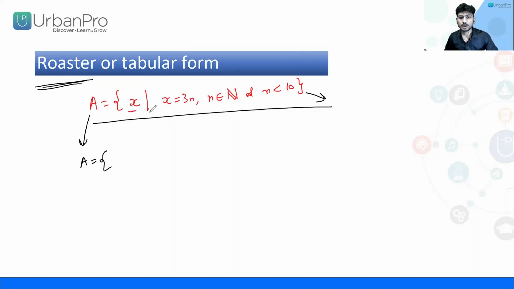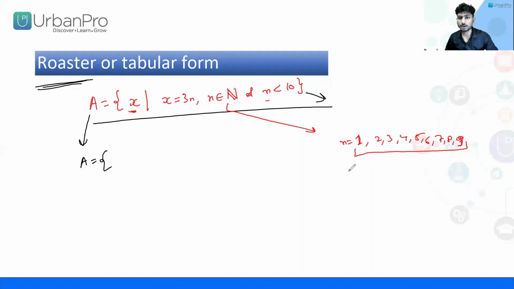See, we have all the elements in the form of x, and x is of the form 3n, where n belongs to natural number. With the help of this, you can make the whole set. Like, n is a natural number, means n can have value 1, 2, 3, 4, 5, 6, 7, 8, 9, less than 10. So you have to stop at 9. And x is the element which is the natural number multiplied by 3.